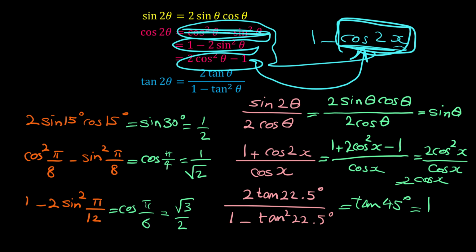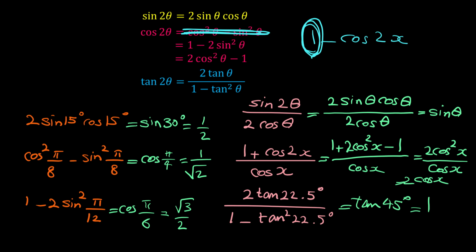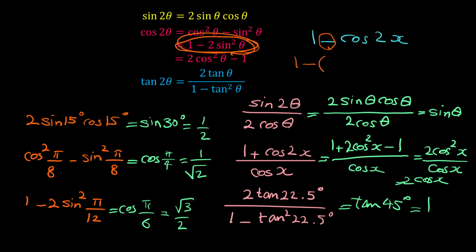Of course not this one, because we want to get rid of this one. So we have to use one of these 2 formulas that have 1. But attention, we have a minus here. So if we use this one, then we have 1 minus this expression, 1 minus 2 sine to the 2x, and then 1 minus 1, it cancels.